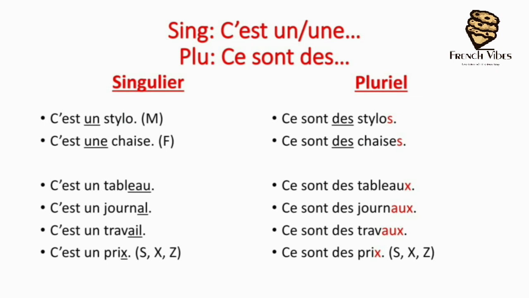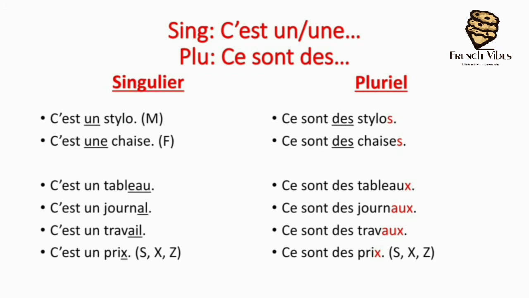Let's see another exceptional example. C'est un journal. It is a newspaper. Now, journal ends with al, right? So, when a term ends with al, in its plural version, we use aux. So, c'est un journal becomes ce sont des journaux, which means these are the newspapers. Let's see another example.